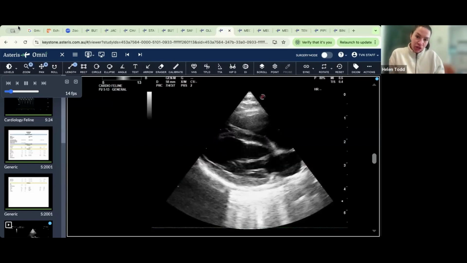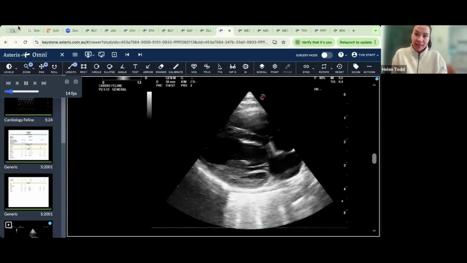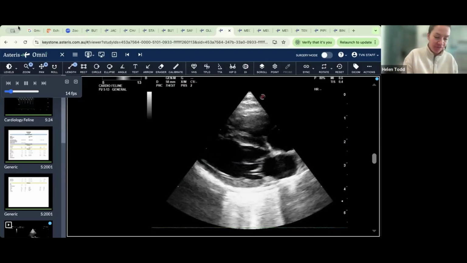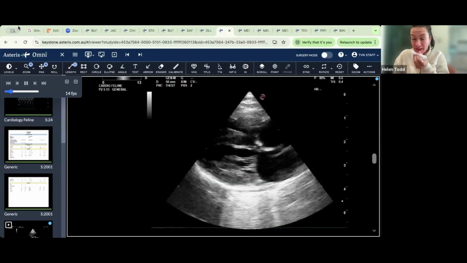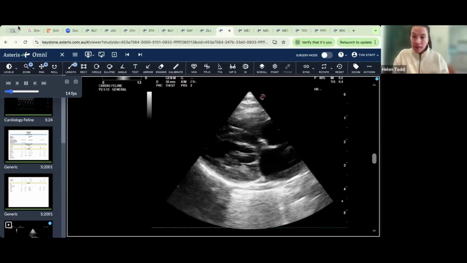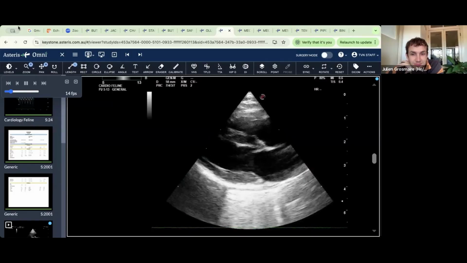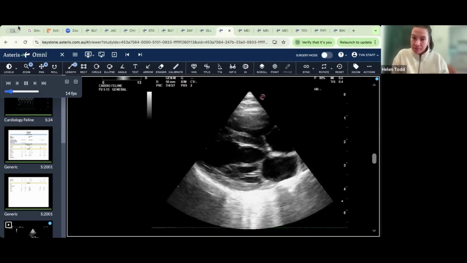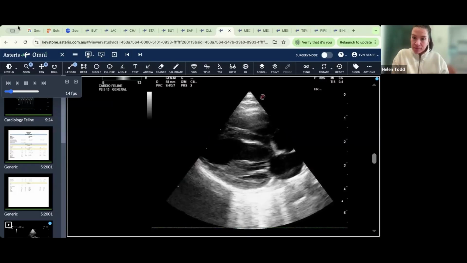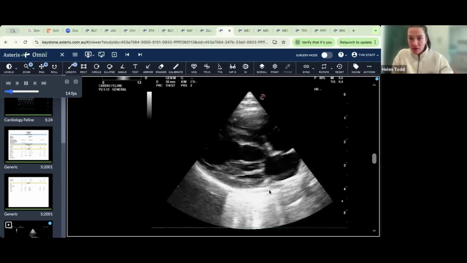What do we think about chamber size? In cats, their left and right atria are often about the same size. Looks okay. Yep. What does anyone think about this that's going on down here?